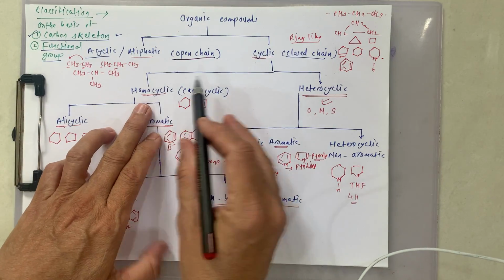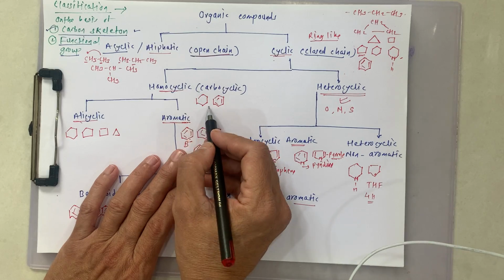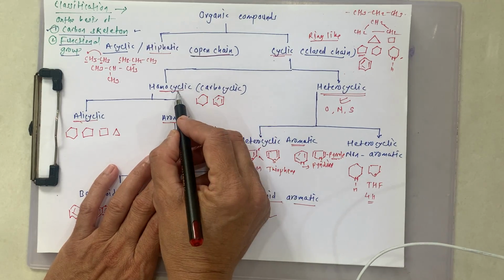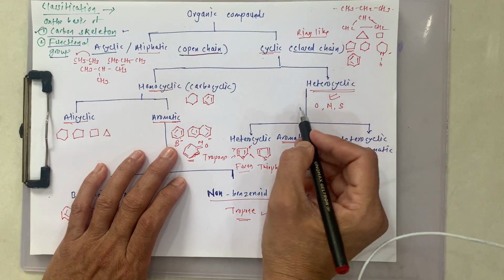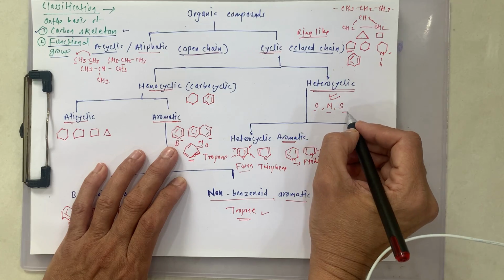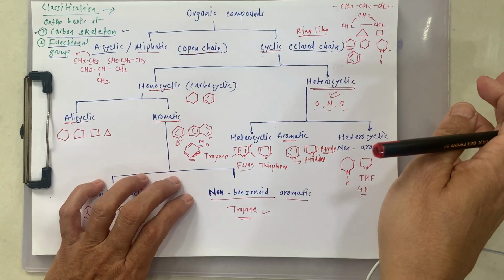First one is homocyclic, another one is heterocyclic. Homocyclic means the cyclic compound is made up of only carbon. Heterocyclic, along with the carbon, if there is oxygen or nitrogen or sulfur, another atom that is a heteroatom, then that is heterocyclic.